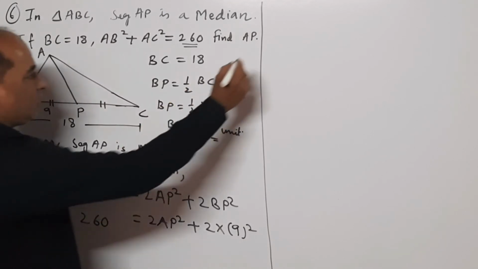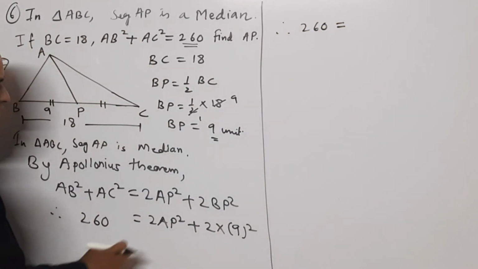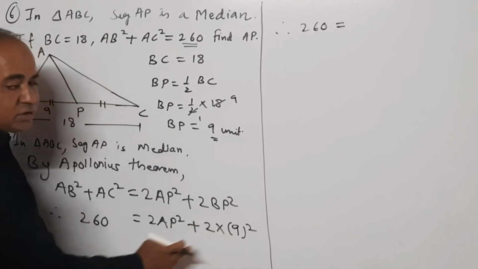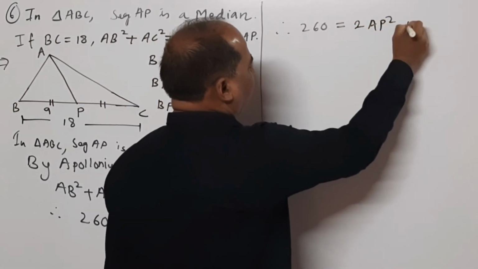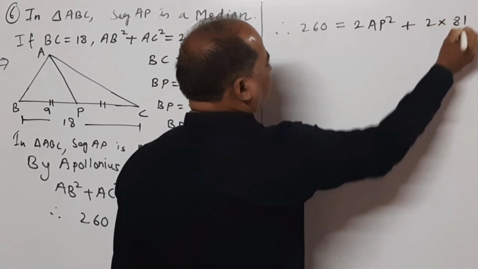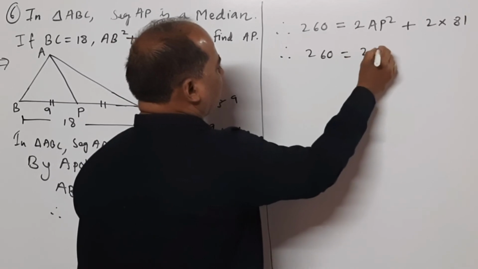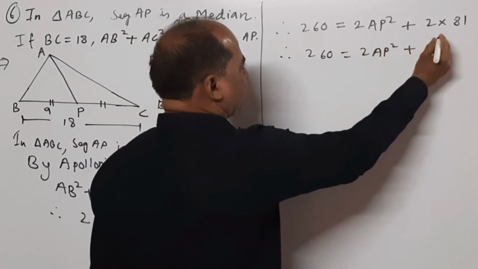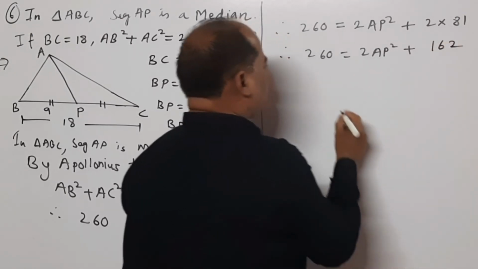Therefore 260 is equal to 2 times AP square plus 2 into 9 square, which is 81. Therefore 260 is equal to 2 AP square plus 81 into 2, that is 162.